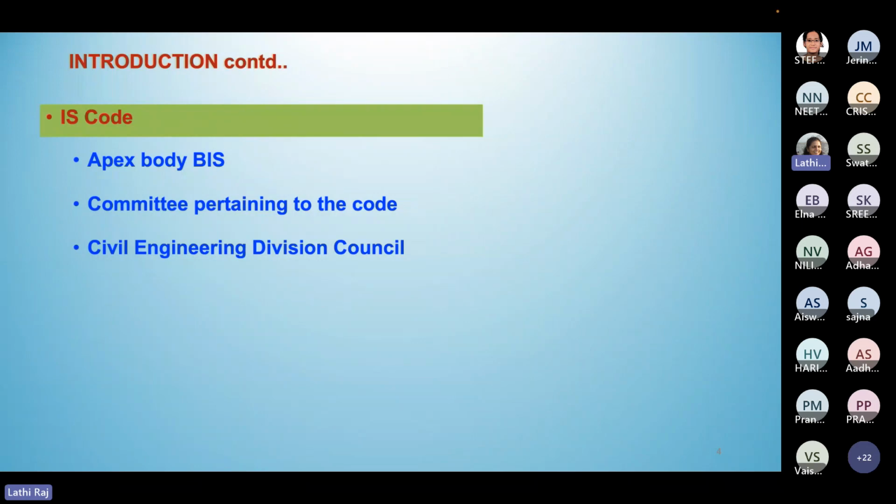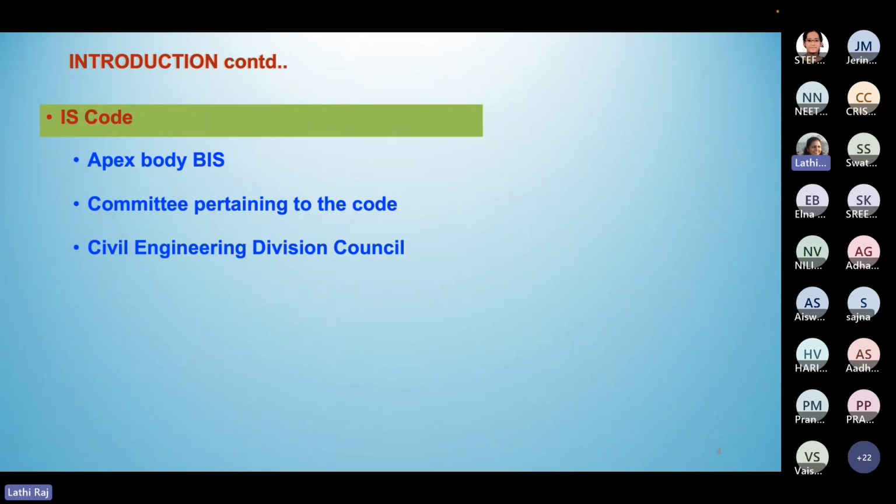And under that, there is a committee pertaining to that particular code. So we have codes for design, we have codes for construction, we have codes for material quality. All these codes will have separate committees pertaining to that particular code, and then there is a civil engineering division council.